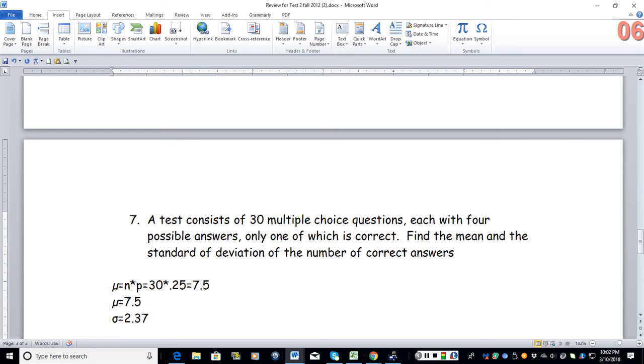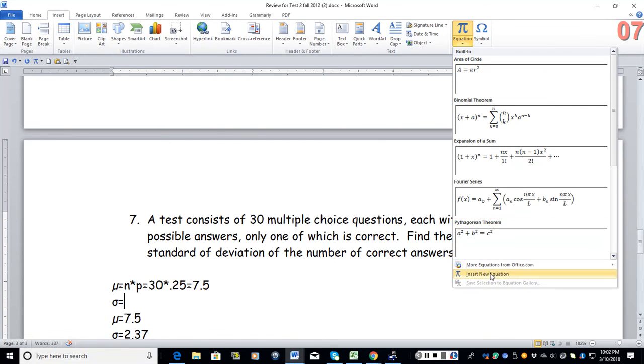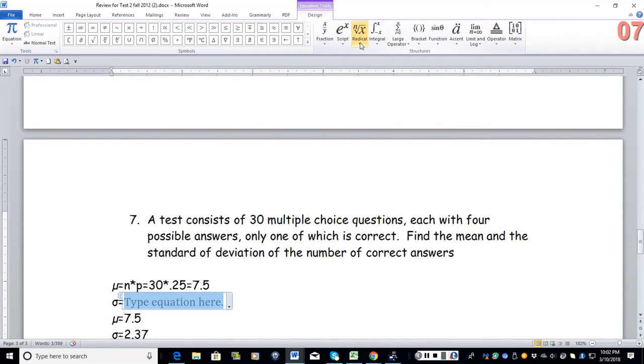Then, to find the standard deviation, that's going to be equal to a square root. We're going to go ahead and take the square root of n times p times q, where q is equal to 1 minus 0.25.